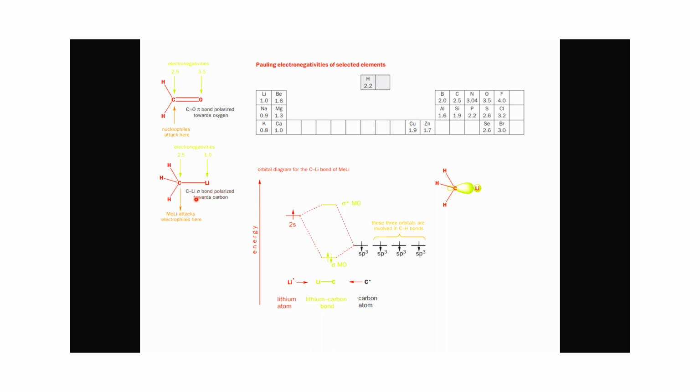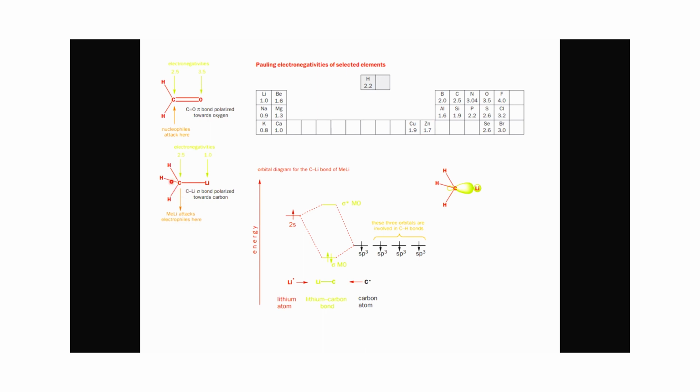Comparing carbon and lithium, carbon is more electronegative, so the electron density will be more here. So this bond is polarized and the organolithium attacks electrophiles here.